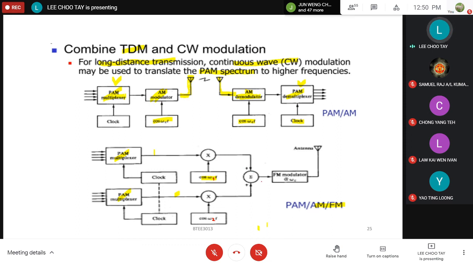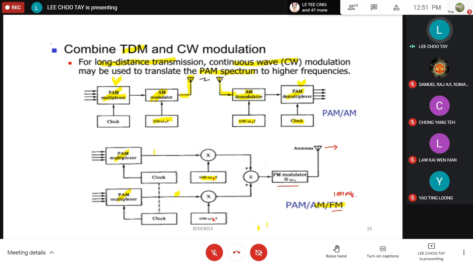If we add these two together and we again perform frequency modulation on the sum of these two AM signals, then we can transmit them through the antenna. Again, this will be a higher frequency. As far as FM is concerned, it will be about 100 megahertz and so on, 100 plus megahertz.